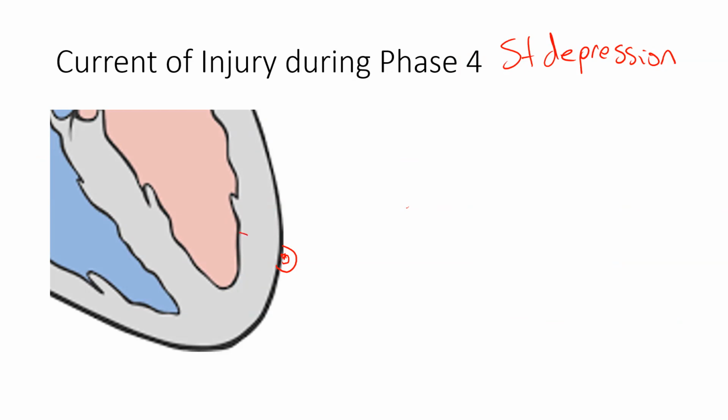So you end up with what's called, so this area here is only a portion of the ventricle wall. And we call this the endocardial ischemia. Okay, so it's not the entire segment of the ventricle wall. It's only a partial part of it.